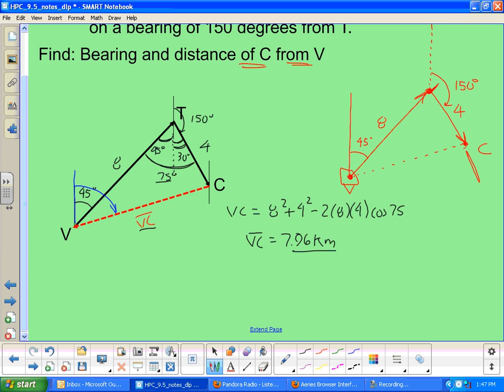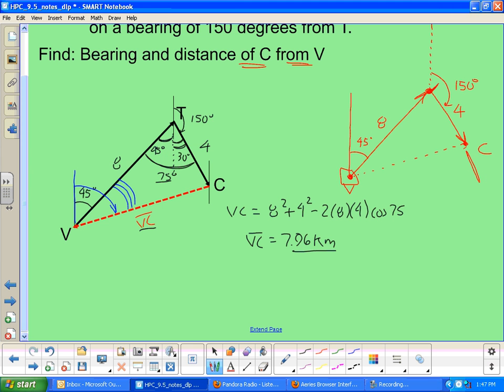Sight line V to C. All right, any brainstorms? How we're going to find that? Yes, ma'am? Okay, good job. So we're going to use law of sines to find this angle. And then when I find that angle, I will add it to 45, and I will have my bearing.